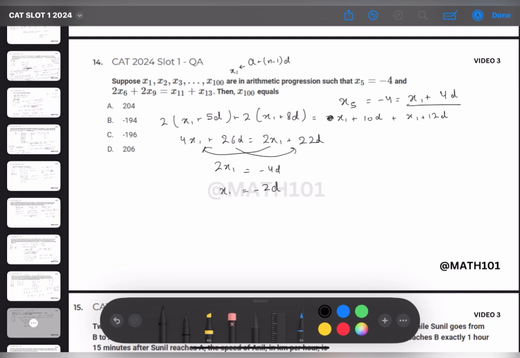Minus 2d plus 4d is 2d. 2d equals minus 4. d equals minus 2. x1 is 4. x100 is x1 plus 99d, which is 4 plus 99 into minus 2, which is minus 194. So the answer is B.